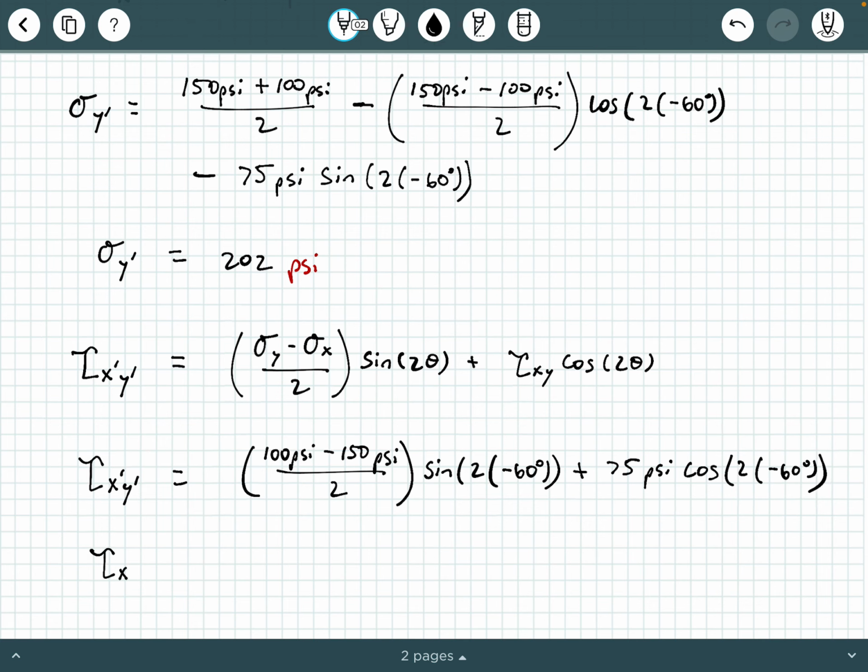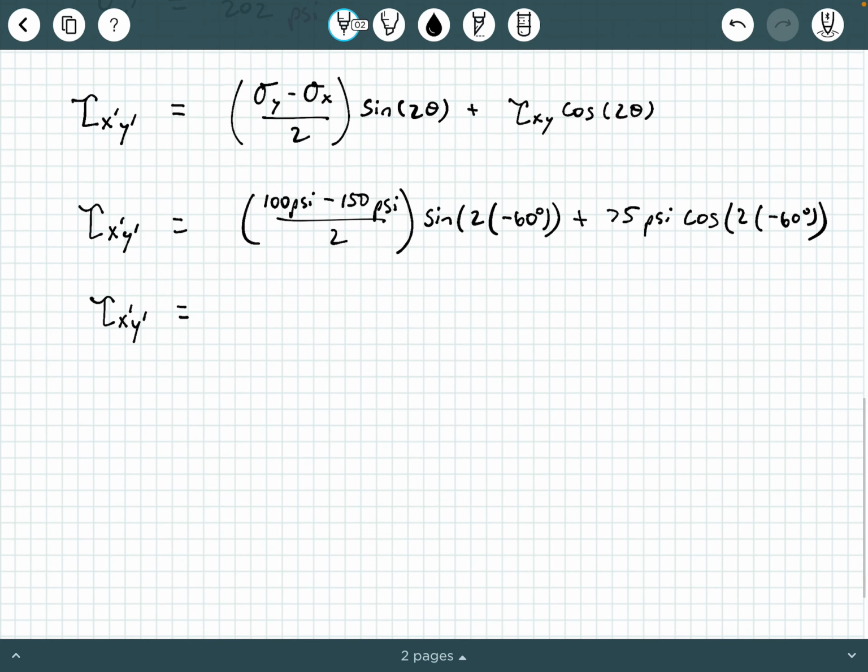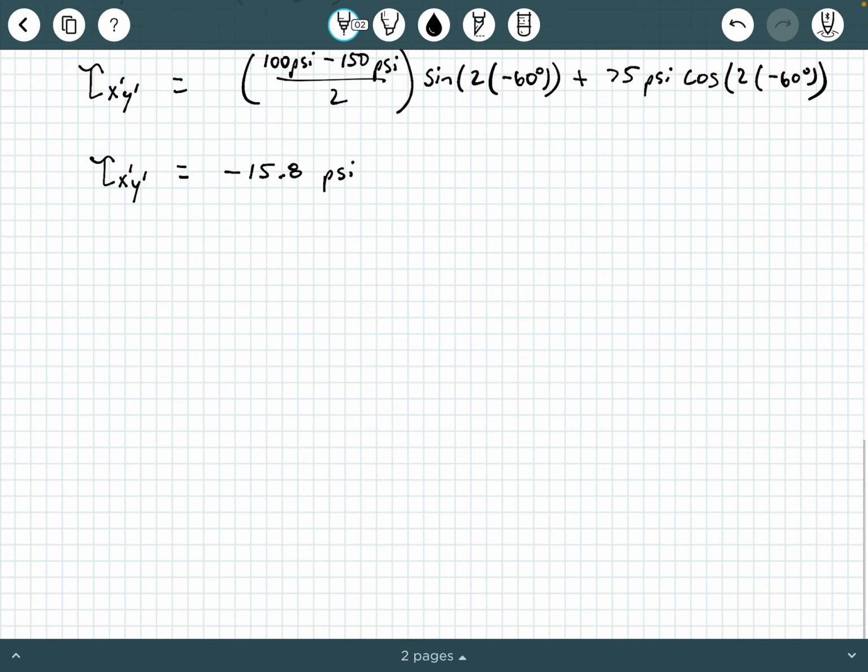And when you evaluate this single value, your tau x prime y prime should come out to be negative 15.8 psi.